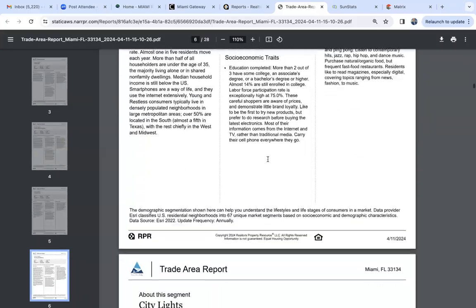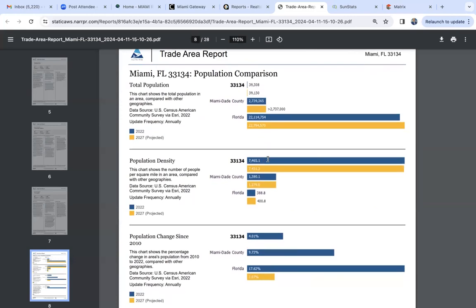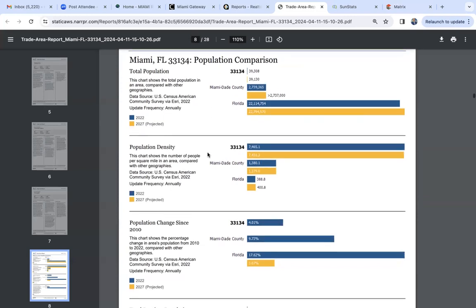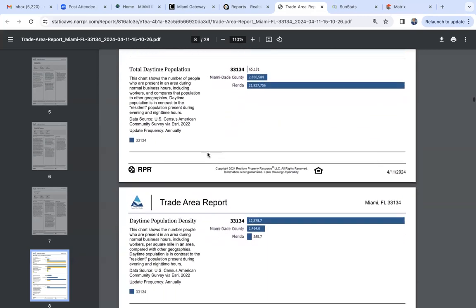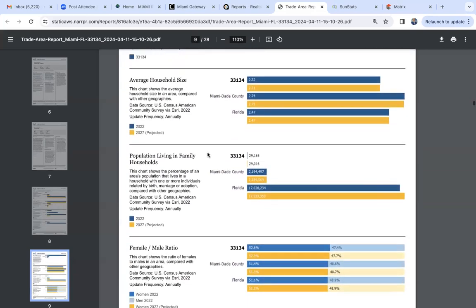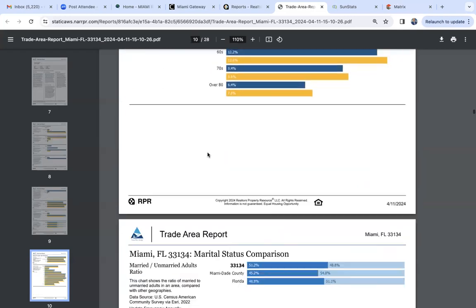Once you get through this information and understanding who lives in zip code 33134, then you're going to see the comparisons here. So you have numbers on population density, the trade area report, and age comparisons.